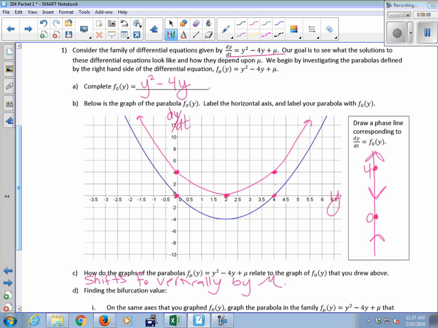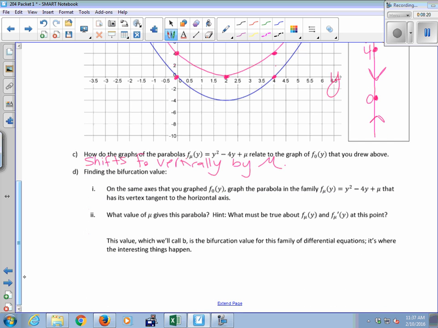And if I draw a phase line, now the phase line is going to look really different. There's only going to be one equilibrium point on it, and the arrows are going to point up on either side because it's always positive. So it will be a node. Really quick, the phase line only has one equilibrium point at 2, and it points up and up.